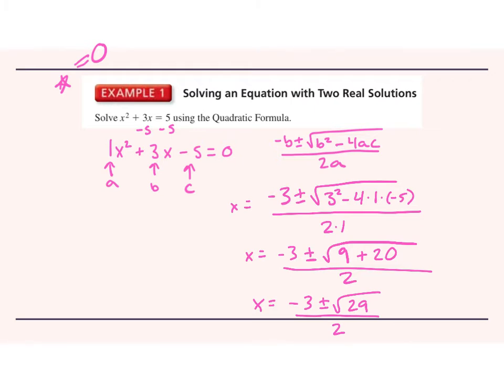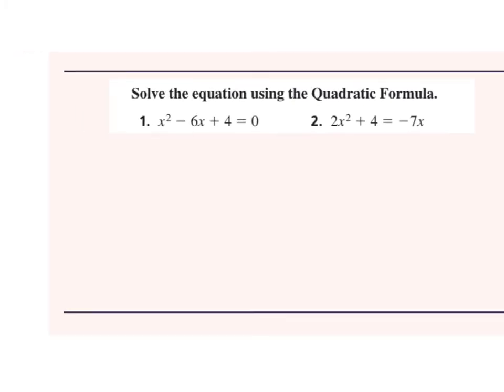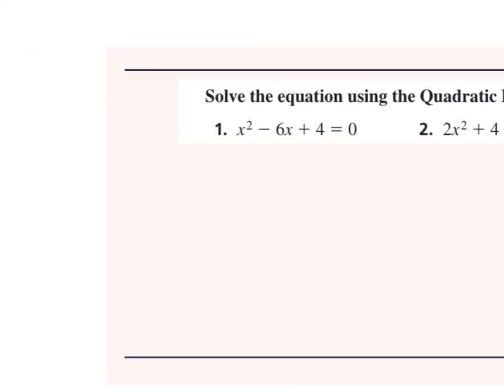So our two solutions to this quadratic equation are negative 3 plus or minus the square root of 29 over 2. We have 2 more examples like this. Using the quadratic formula, we need to find the solutions to our equations.